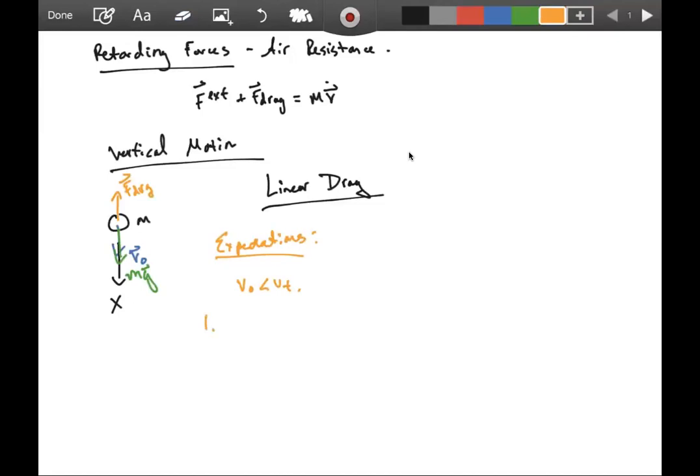Which means that for early times, we'd expect our velocity to be proportional directly to g times t, because this thing is going to fall basically just like free fall before the drag force has really had an effect on taking away some of the acceleration. Even if it starts off with a large initial velocity, for very early times, it should be falling pretty much just like free fall. It's just going to fall initially at free fall.